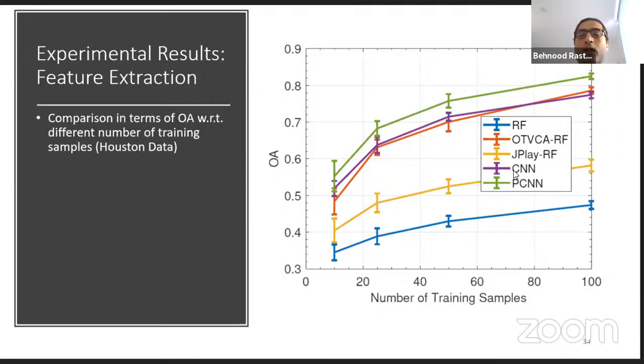When you move from one hyperspectral data set to another, the same network might not work properly. That's basically what we're trying to say about the challenges of hyperspectral image classification using deep learning techniques.